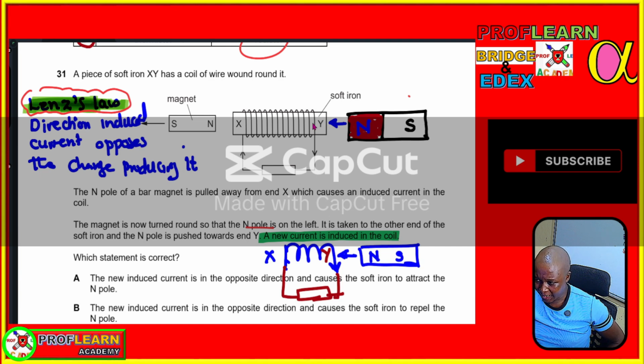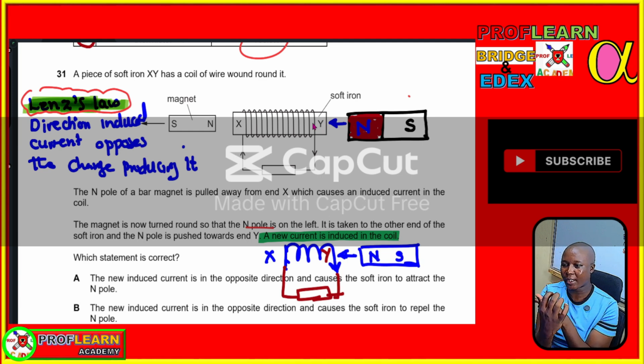So you are going to use the right hand grip rule. Assume you are holding the coil, these fingers will be wrapped around the coil like that, and the thumb points towards the north pole.